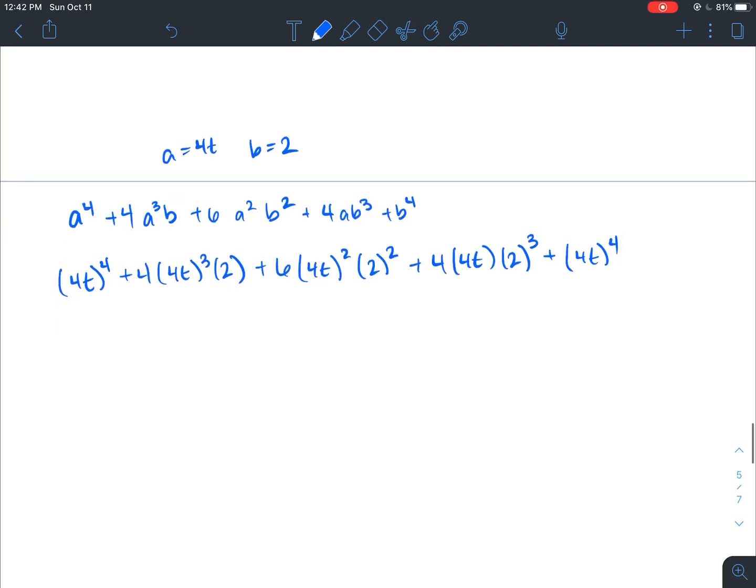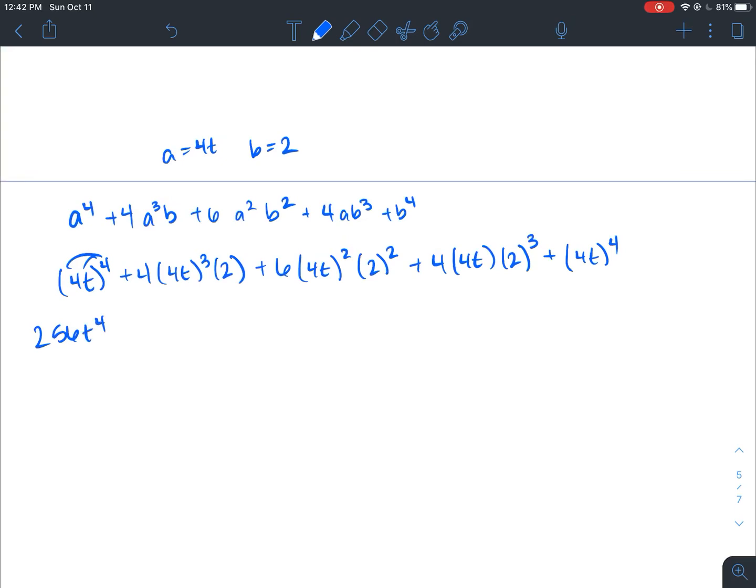Okay, now let's simplify. So the 4 and the t are being raised to the fourth power. So 4 to the fourth power should equal 256, I believe. 4 times 4 times 4 times 4. Yep, 256t to the fourth power.